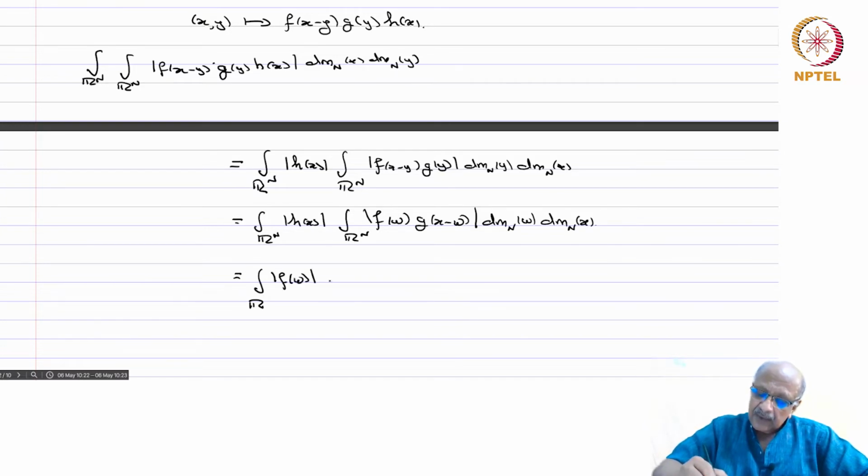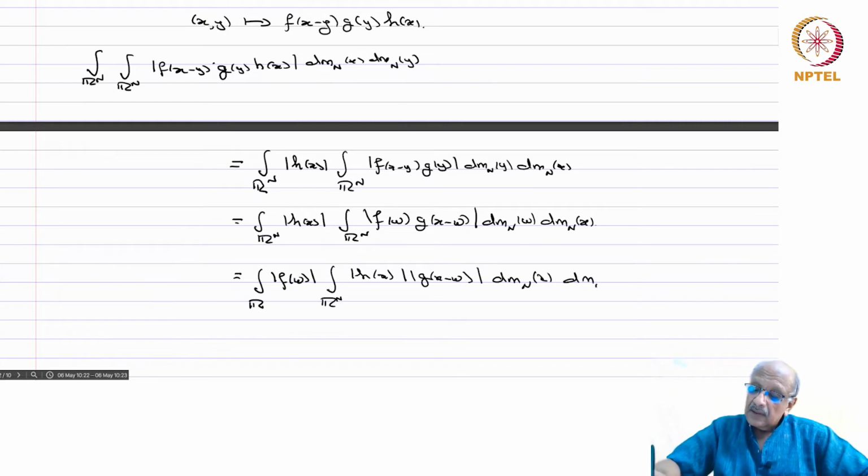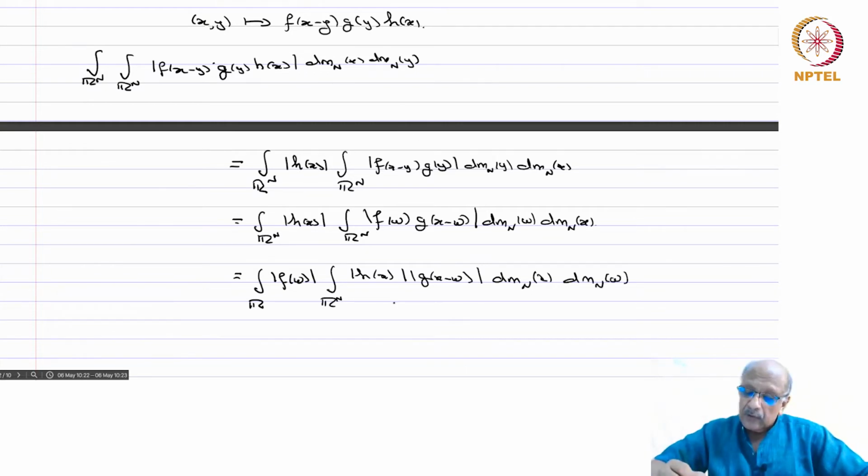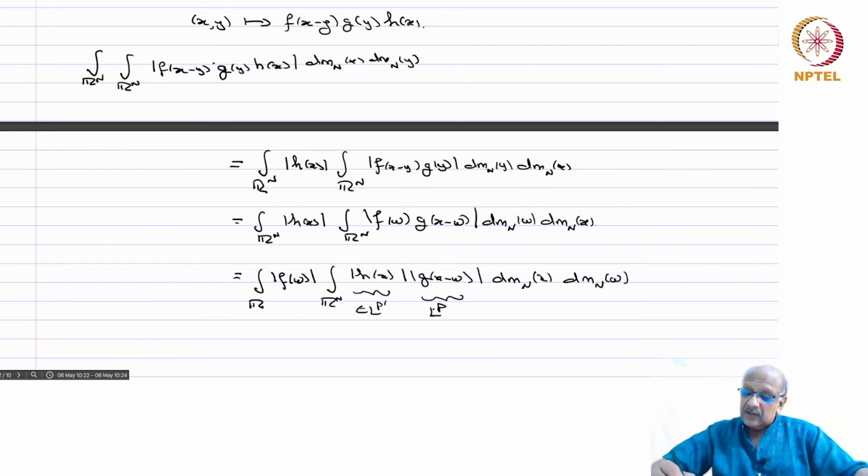So the integral over Rn of mod f(w), times the integral over Rn of mod h(x) mod g(x minus w) dm_n(x) dm_n(w). Now we are going to use Hölder's inequality because h belongs to Lp dash and g belongs to Lp. And by translation invariance, with w a fixed vector for each integral, g(x minus w) is in Lp.